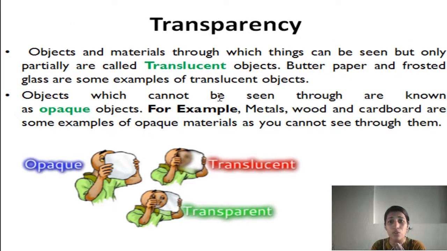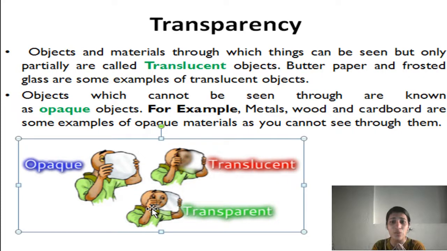Objects and materials through which we can see but not clearly are called translucent materials. For example, as shown in the figure, butter paper or frosted glass are examples of translucent objects. We can see through them but not clearly.